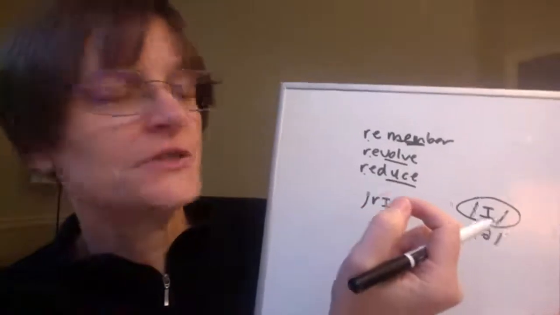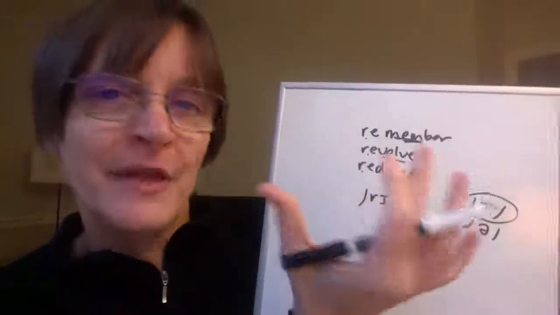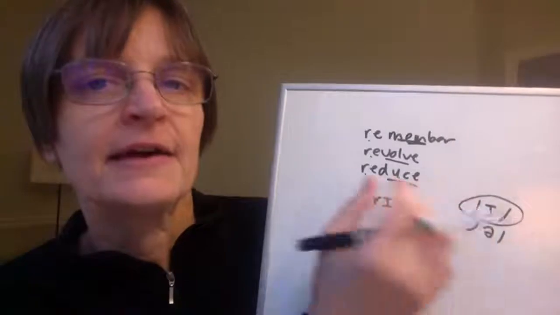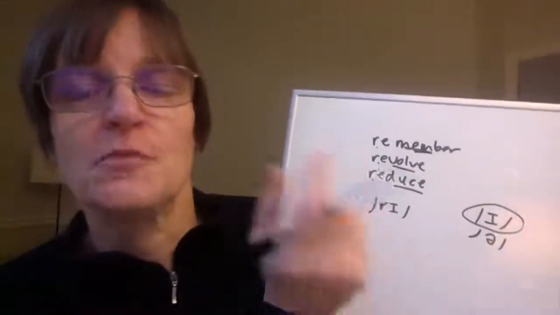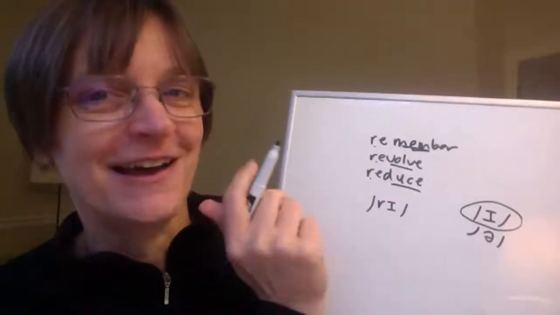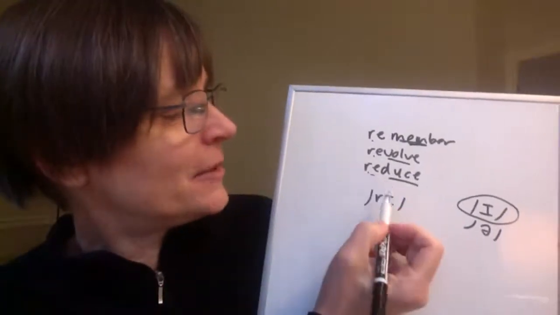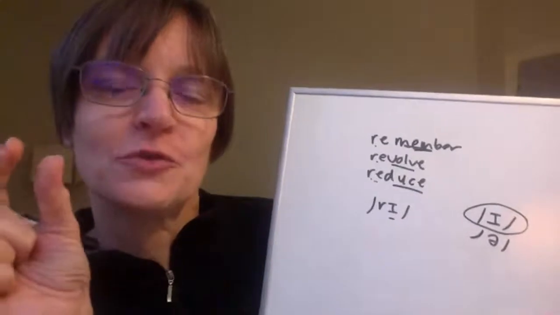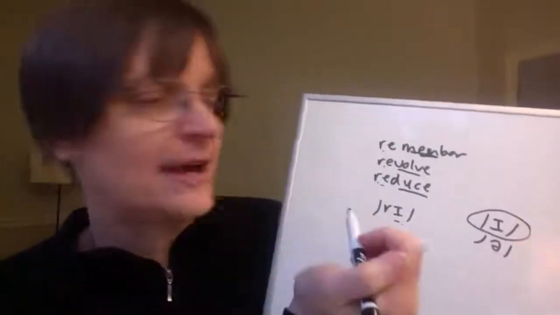If I say "reduce" or "revolve," people will still understand what I'm saying, but the correct pronunciation should be more reduced than that, reduced. I just said "reduced," so I guess I do both. You want to go for a very short, light, reduced I sound.